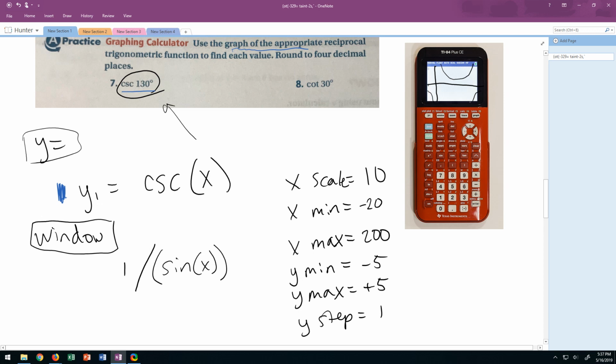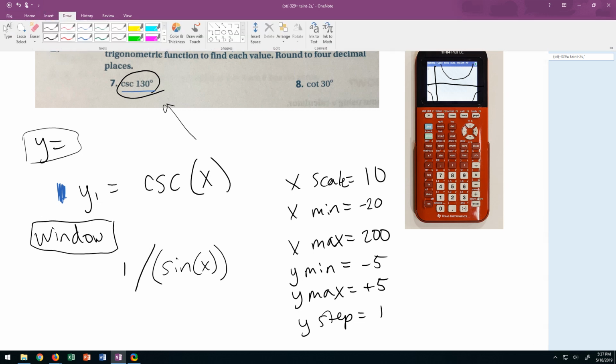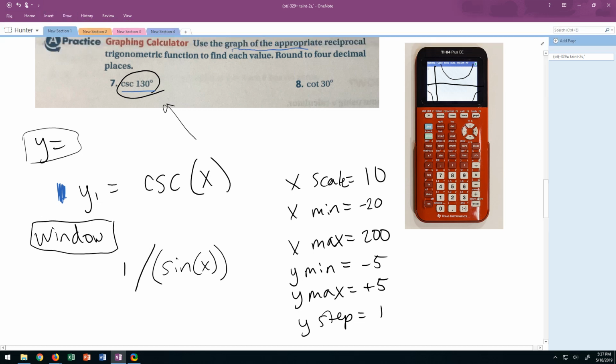Now let's take a look. How do we figure out the function value for this guy? We've got to use the second button. Press the second button, then press calculate, and you should get a menu that has a certain number of options, and I don't remember which one it is. I think it's the first one that says value.